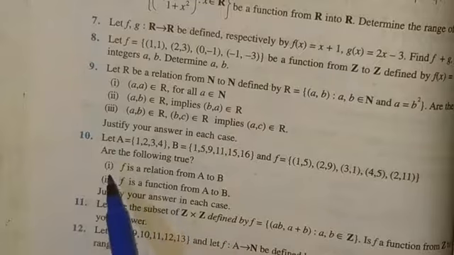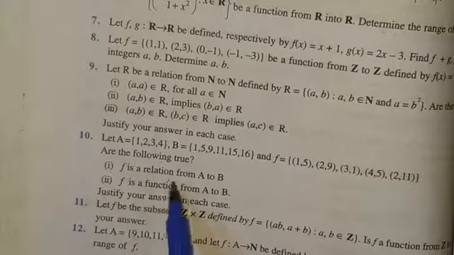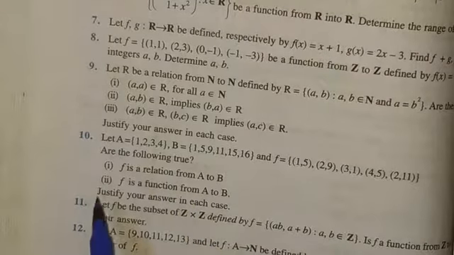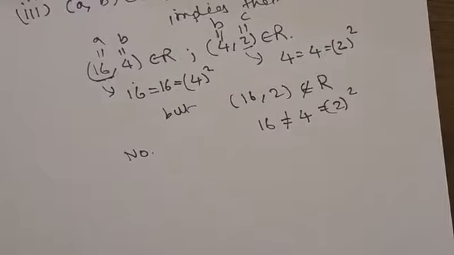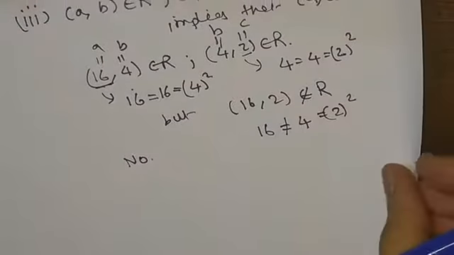Are the following true? First statement is F is a relation from A to B, and the second is F is a function from A to B. Justify your answer in each case. So let us see how to solve the problem 10.